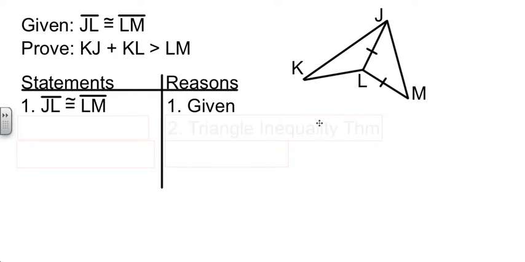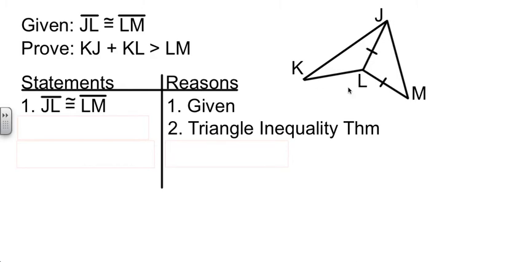Now this triangle inequality theorem that we just learned today tells me in this triangle over here, in triangle JKL, that JK plus KL is greater than JL. Okay. 2 sides of the triangle have to be greater than the third one.